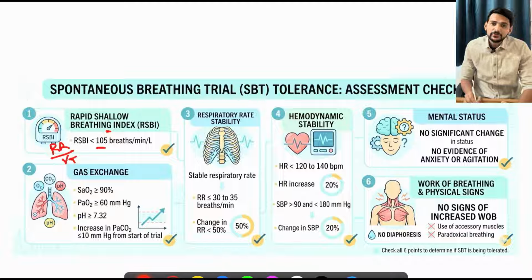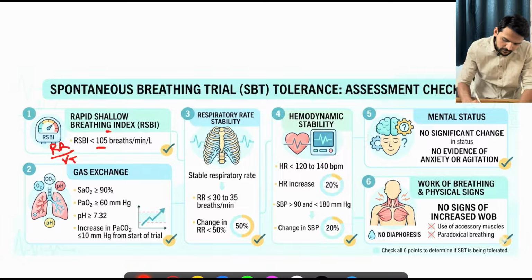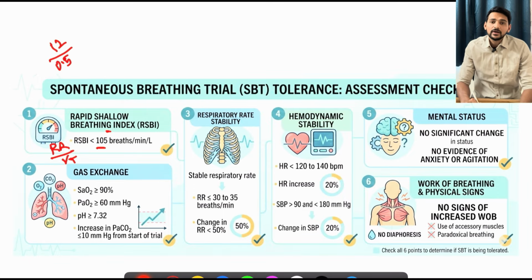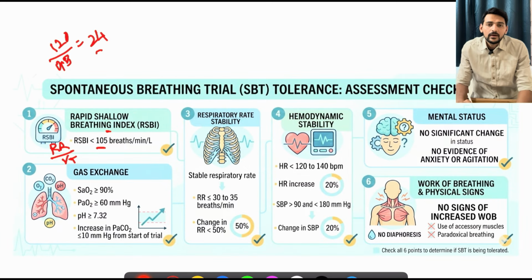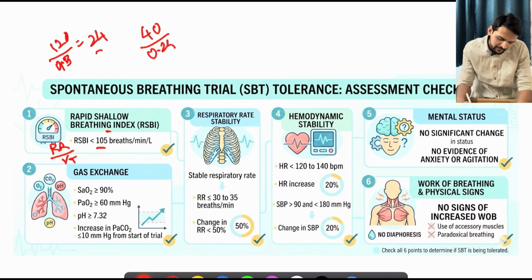After the 30 to 60 minutes of the SBT trial, one individual has a respiratory rate of 12 and a tidal volume of 500, that is 0.5 liters. So here, what will this index be? It will be 24. Another individual, for example, has a respiratory rate of about 40 breaths per minute with a tidal volume of about 0.25.